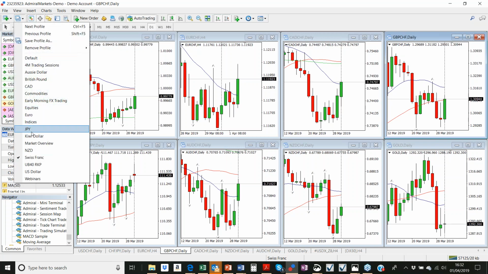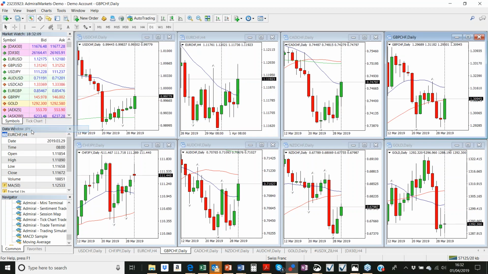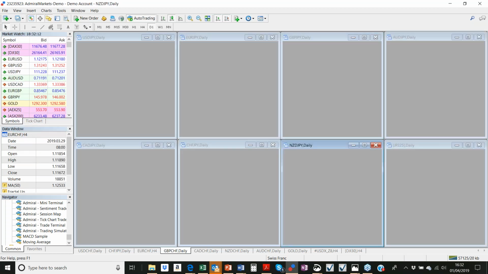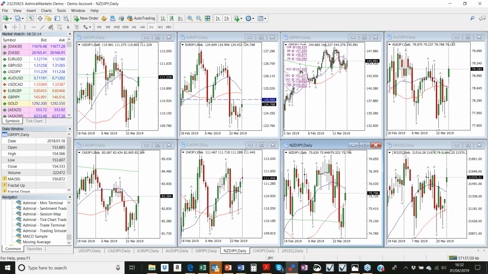Let's go to Japanese yen now. The next safe haven, and it is quite simple. You just set it up and save the profiles. It just reflects all of the major 8 currencies. You've got dollar yen, euro yen, pound yen, Aussie yen, CAD yen, Swiss yen, Kiwi yen, and of course the Nikkei itself.